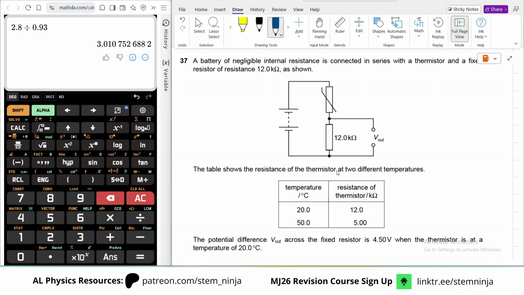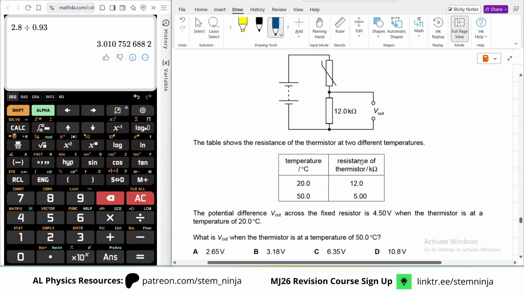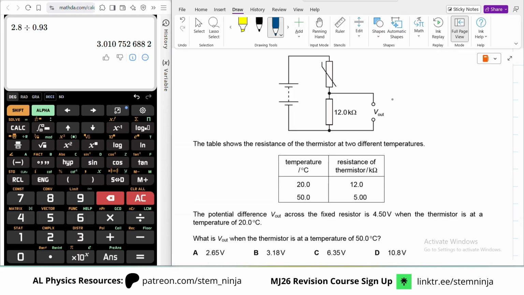Potential difference V out across the fixed resistor is 4.5 volts when the thermistor is at a temperature of 20 degrees Celsius. What is V out when the thermistor is at a temperature of 50 degrees Celsius?